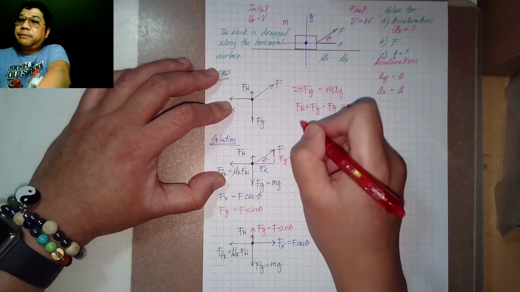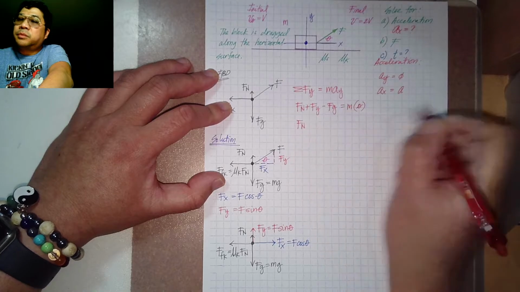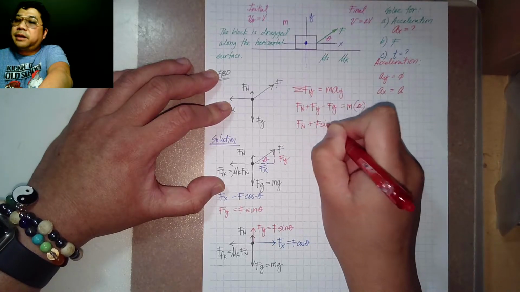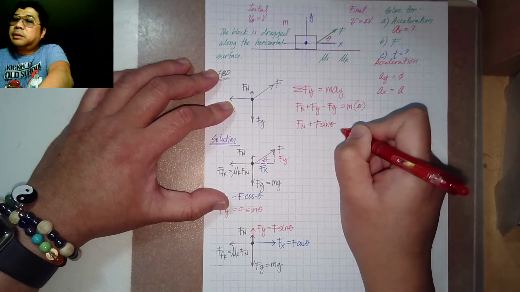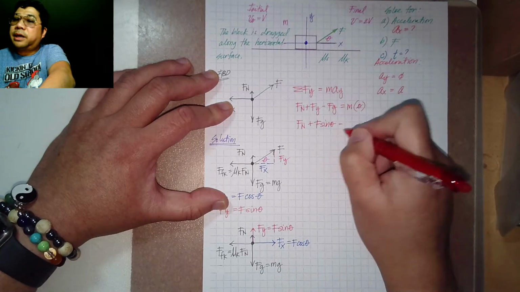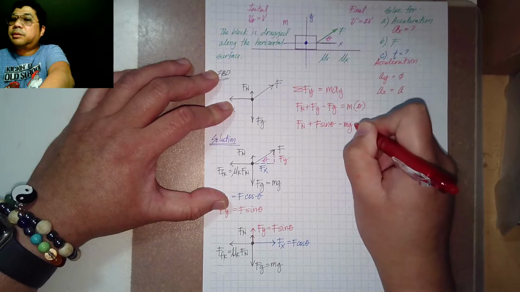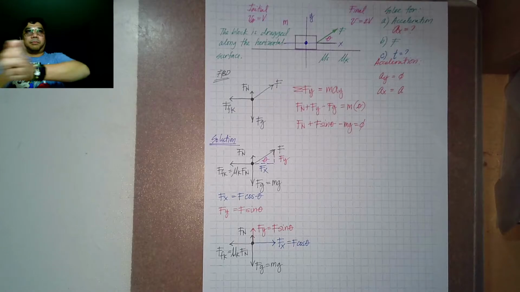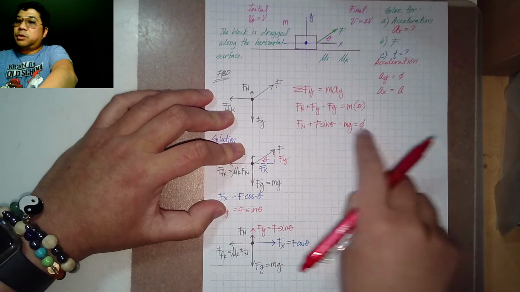Normal force Fn plus F sine theta minus mass times g, since that is your force of gravity.